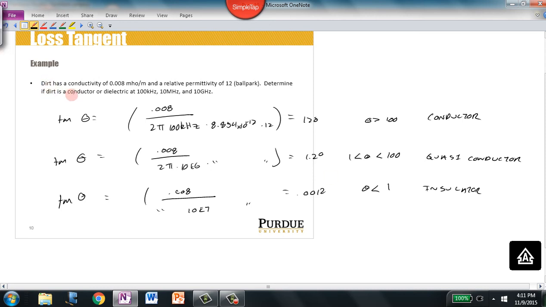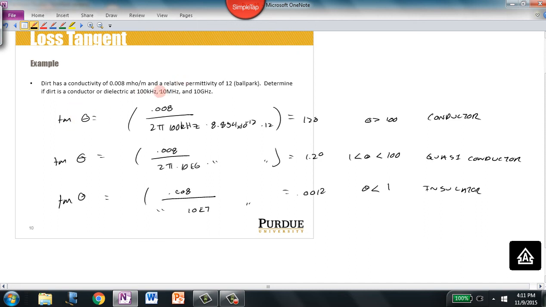And what we have here is dirt. If you measure it, it's going to vary based on where you get the dirt and how wet it is and stuff like that. But dry dirt's going to have a relatively small conductivity, 0.008 siemens per meter, and a relative permittivity of about 12. And we just want to determine the conductive nature of dirt as a function of frequency.